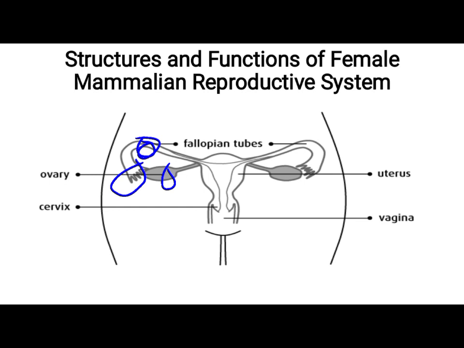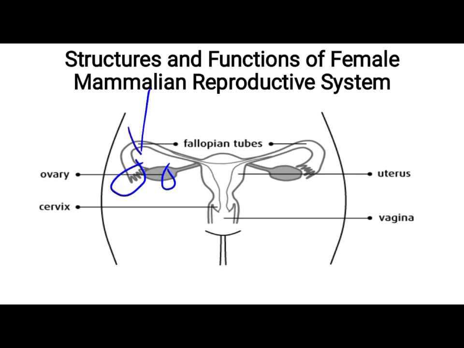That means if, during copulation, the female meets with a male organism at that particular time, then fertilization will occur, and fertilization actually occurs at this point. Okay, this is where fertilization takes place.